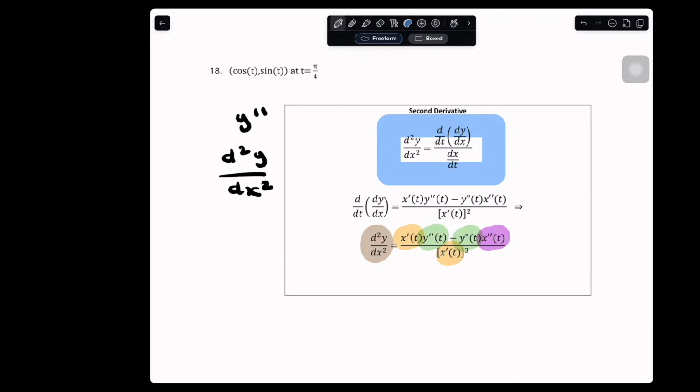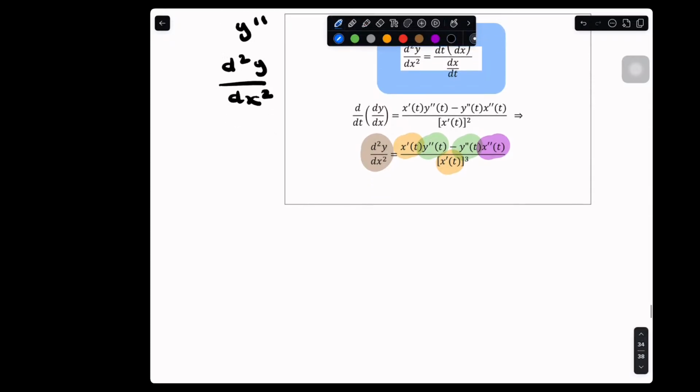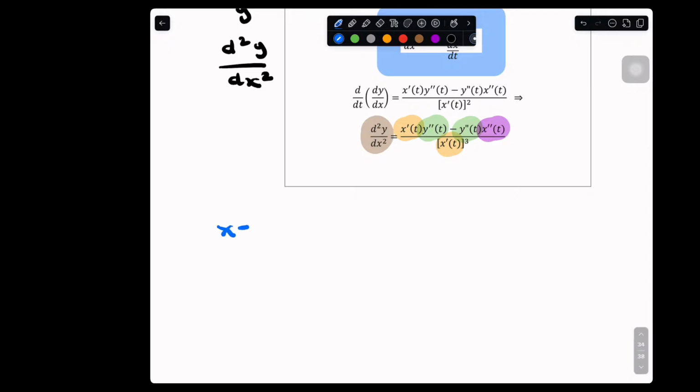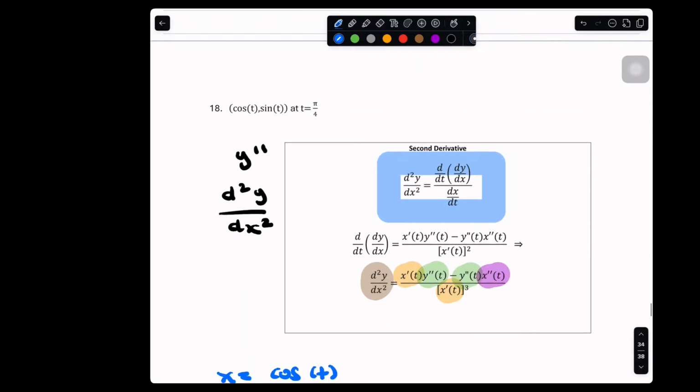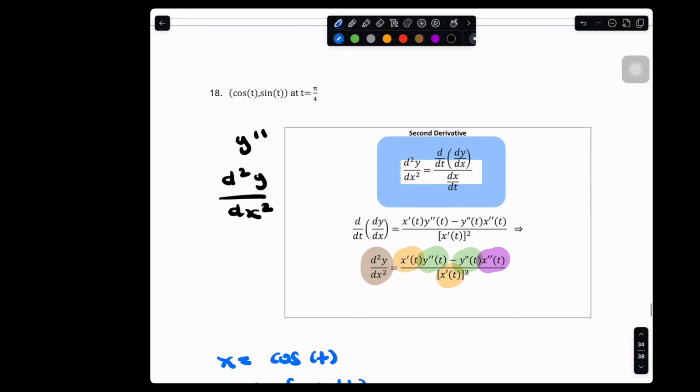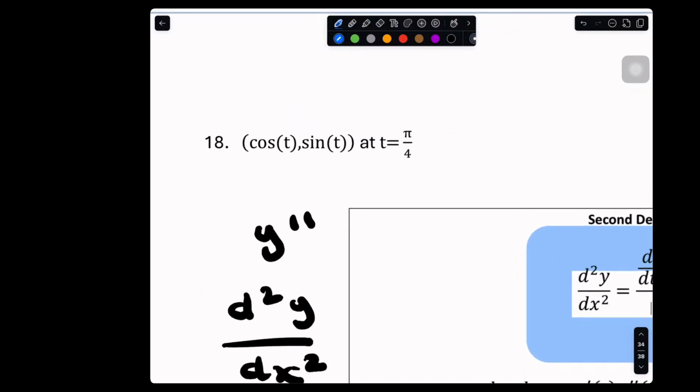Now, x here is cosine t, and y is sine t. It looks like we have a circle here. We're going to find the second derivative of this function for t being pi over 4.